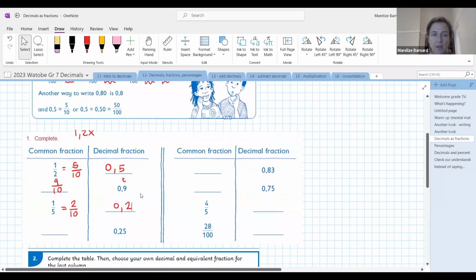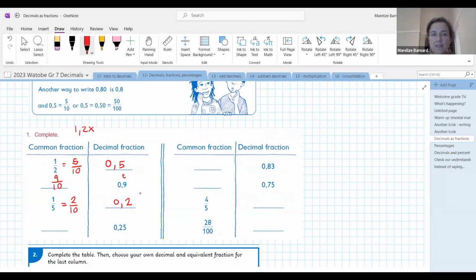Nice. Okay. And let's do 0,25 as a decimal. What will that be as a fraction? 25/100. And now we can also simplify, right? So 25/100, we can simplify.